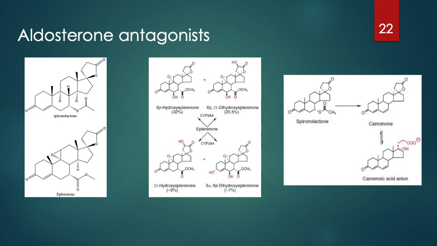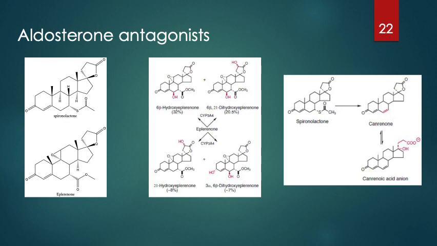In addition to binding to the mineralocorticoid receptor, spironolactone also binds to the glucocorticoid receptor, the androgen receptor, and the progesterone receptor. Its interaction with the androgen receptor is the underlying reason why spironolactone has possible sexual side effects. So you see often with spironolactone gynecomastia, decreased libido, and impotence.